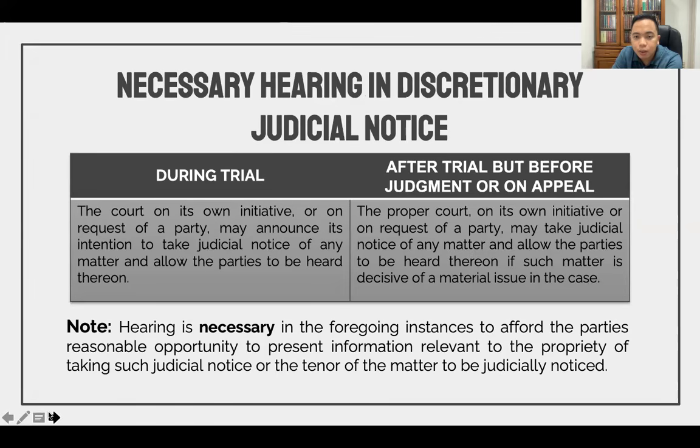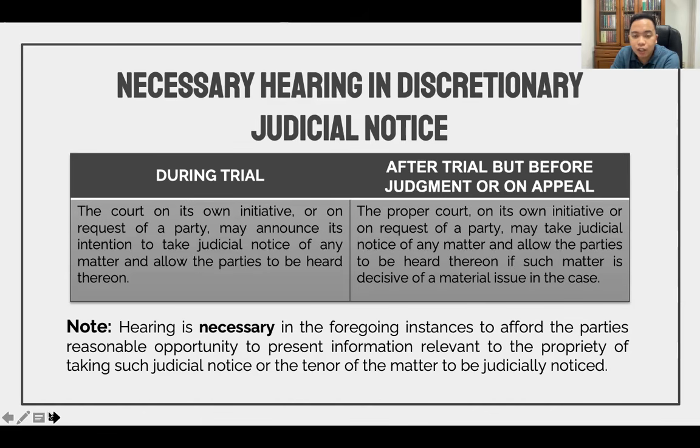The proper court, on its own initiative or on request of a party, may take judicial notice of any matter and allow the parties to be heard thereon if such matter is decisive of a material issue in the case. So the parties will still be allowed to be heard on whether the court can take discretionary judicial notice of certain information.